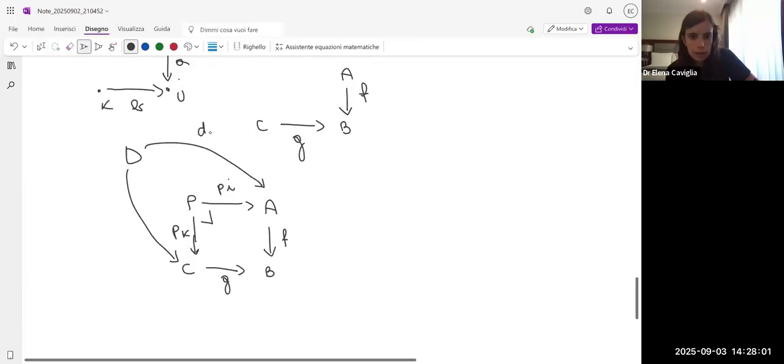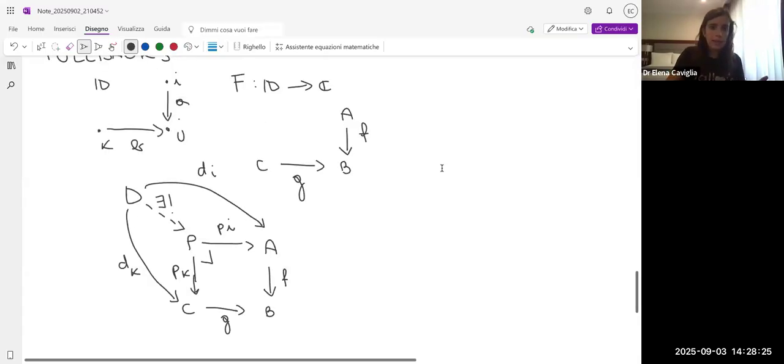So let's call these d_I and d_K. And now there exists a unique morphism from D to P such that the triangles commute. And this is the universal property of the pullback that we all know and love. So this is an example of a limit.